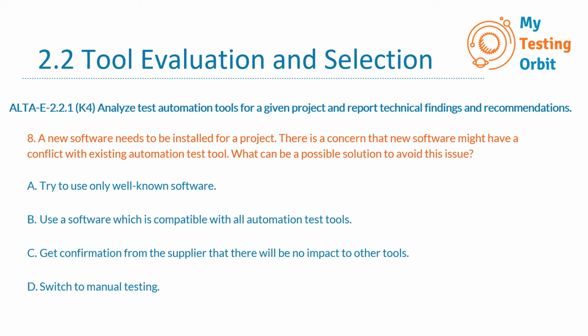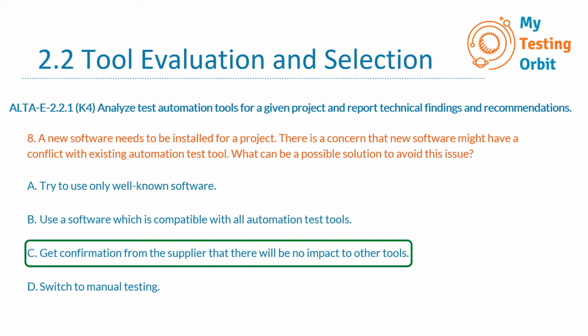So before you do the purchase, it's important to understand and get all the details from the supplier, let them know what you are already using, so that you can then make a knowledgeable decision as to whether this new software will work for you, or will it just be creating another issue for you. So C is the correct option.